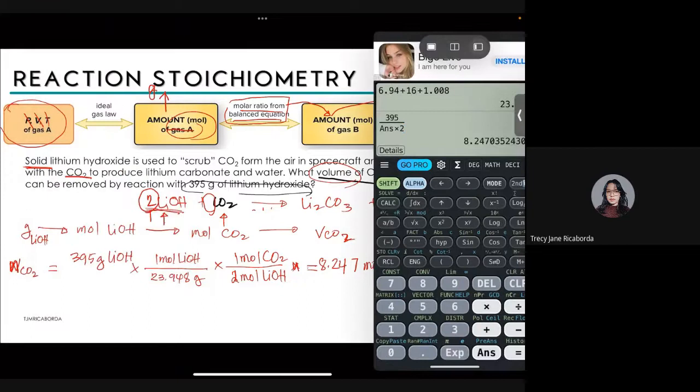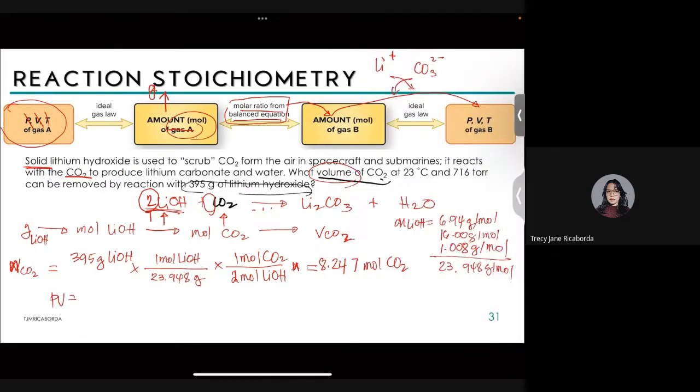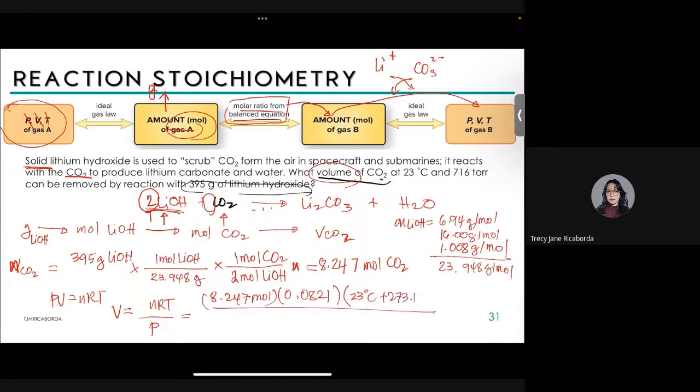And then let's use the ideal gas law. The ideal gas law is PV equals nRT. We're trying to solve for volume, so that's nRT over P. The number of moles is 8.247 moles of CO2 times 0.0821 times the temperature, 23 degrees Celsius plus 273.15 Kelvin, all over the pressure, which is 716 torr.